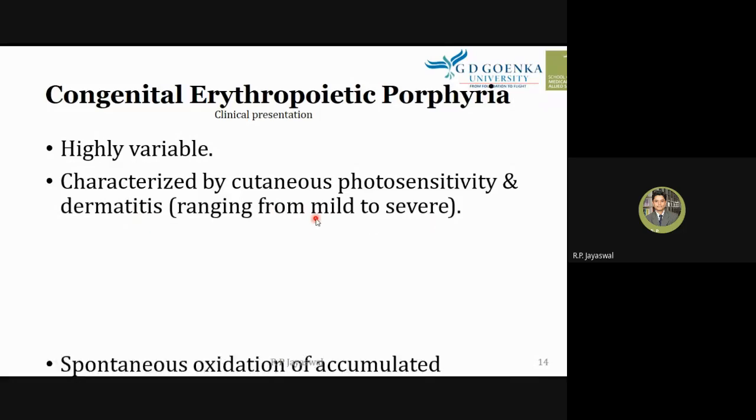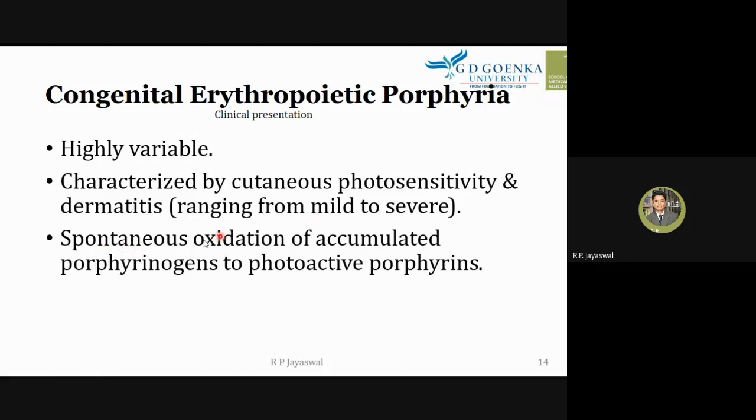Okay, the spontaneous oxidation of accumulated porphyrinogen to photoactive porphyrin. So this is one of the mechanisms because of which we can see some changes in the product, like spontaneous oxidation of accumulated porphyrinogen.